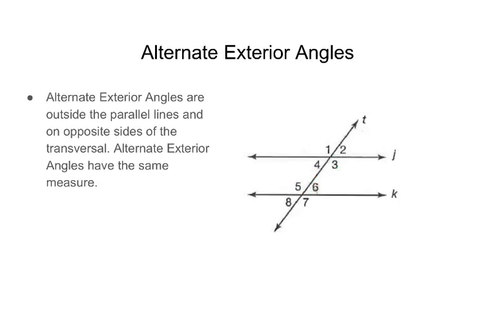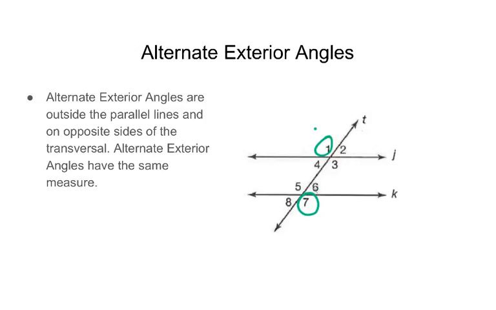The next set are alternate exterior angles, and they are what they sound like. They're on the outside of the parallel lines, and they're on opposite sides of the transversal. When you look at these, they have the same angle measurement. So for instance, angle 1 and angle 7 are alternate exterior angles.